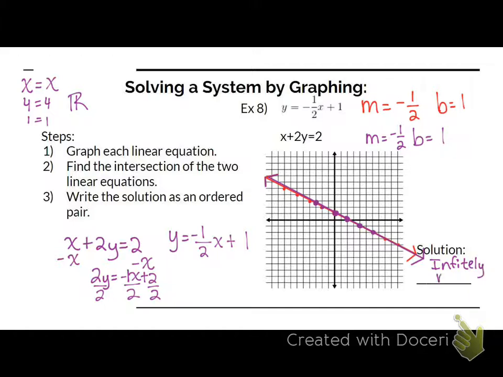Infinitely many solutions. So if you end up with the same exact line both times, you have infinitely many solutions. You will not just write an ordered pair. This is considered a special case.